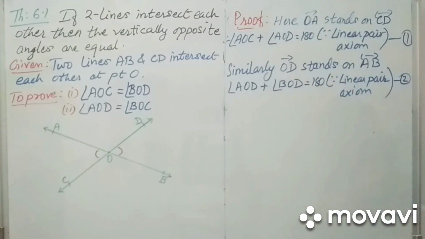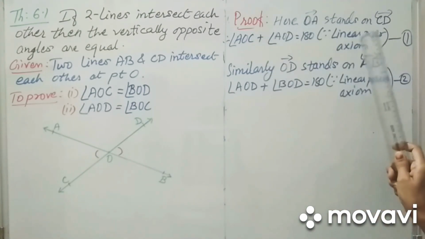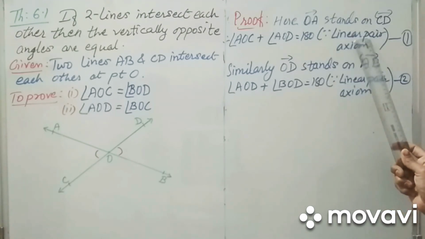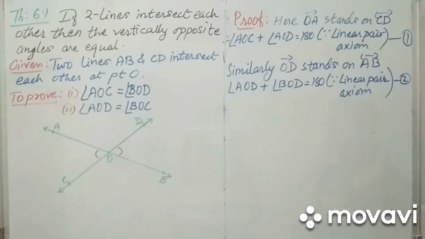Here, ray OA stands on line CD. As it stands on line CD, it makes a linear pair of angles. How is it making a linear pair? By an axiom, as I told you previously. An axiom means a statement which we accept without proof.